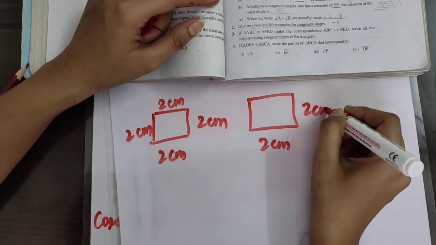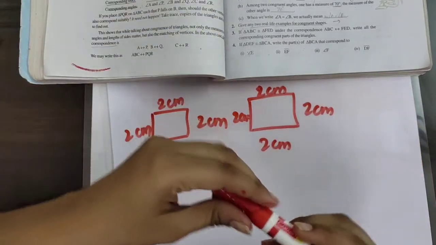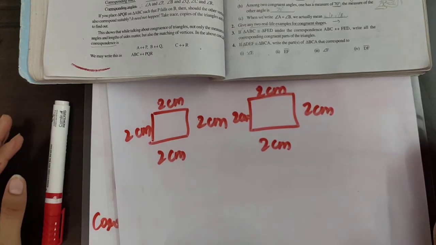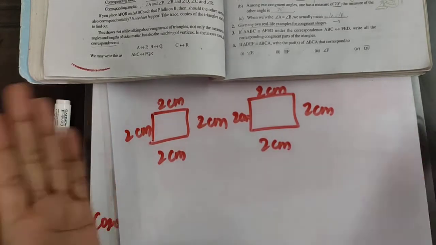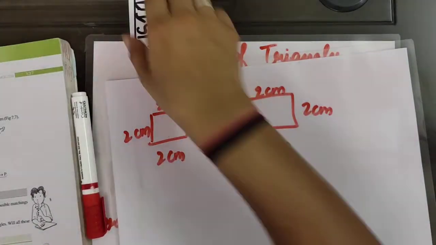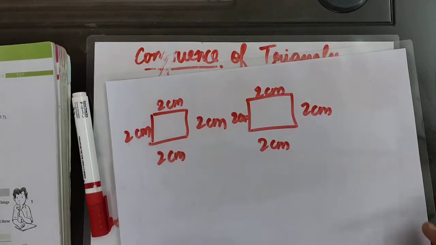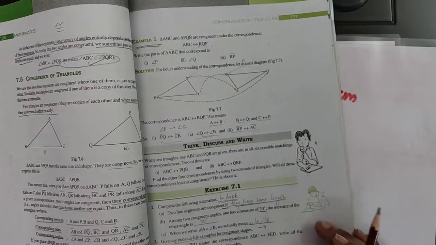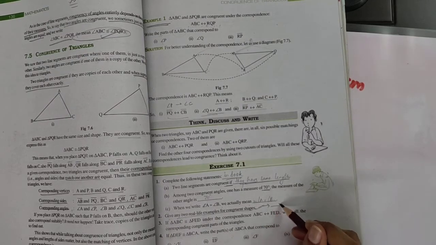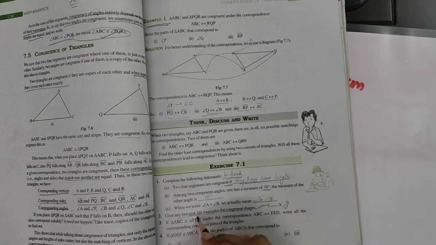Or anything else we can take, like the set squares in our geometry box. If two of us are having those set squares, then both of them are congruent, right? Next, you have to give more examples for this. This is your homework. You have to write two real life examples.